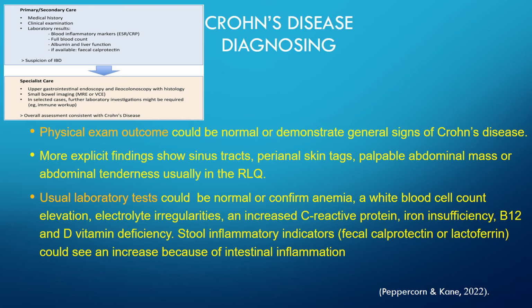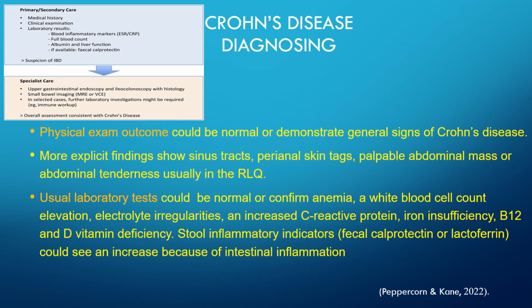Continuing Crohn's disease diagnosing, physical exam outcome could be normal or show general signs of Crohn's disease. More explicit findings show sinus tracts, perineal skin tags, palpable abdominal mass, or abdominal tenderness, usually in the right lower quadrant.